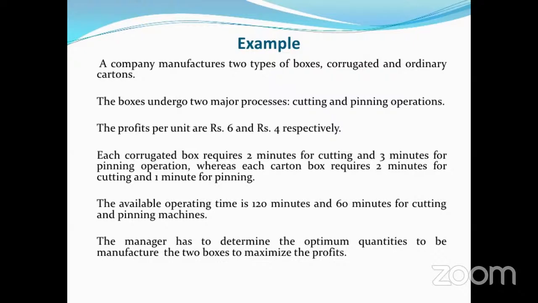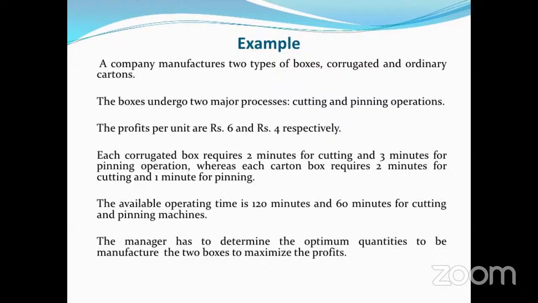To reach the objective of the business, first we need to identify upon which we have to take the decisions. Those decision variables are the two boxes, corrugated boxes and ordinary cotton boxes, to which we will assign symbols, X and Y.